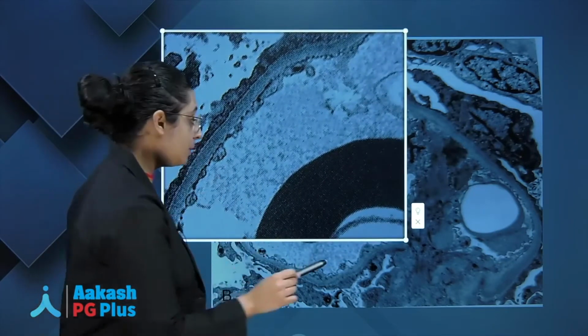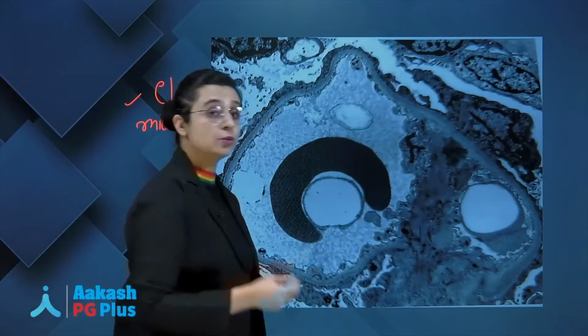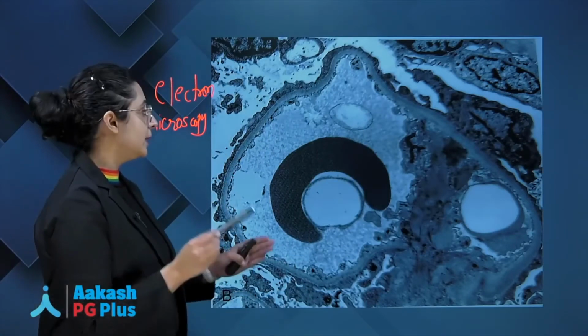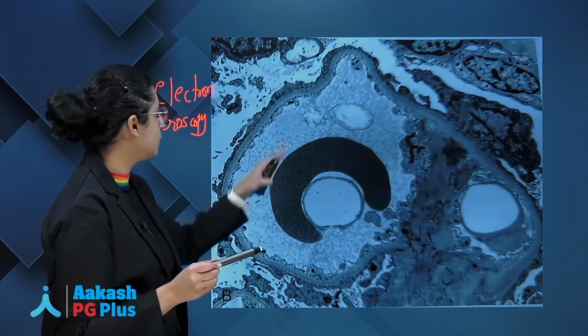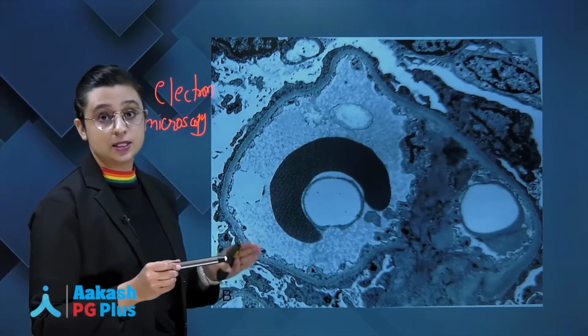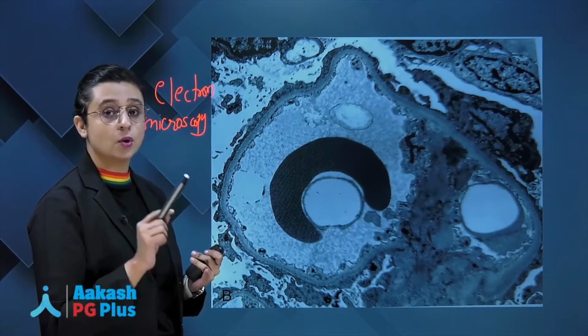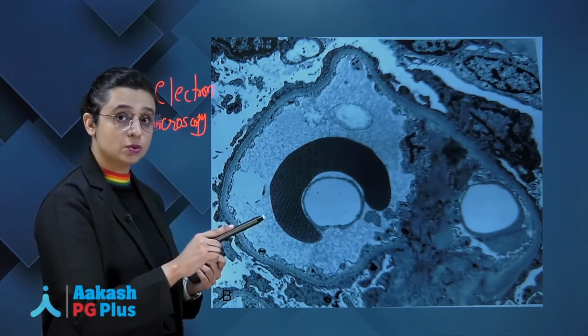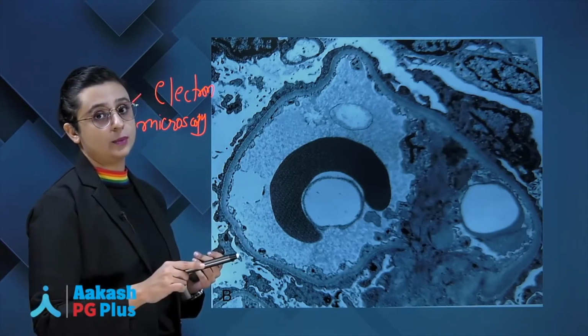Is it seen only in minimal change disease? No, it can also be seen in membranous nephropathy and diabetic nephropathy, but it is the main feature which will help you to identify minimal change disease, because in minimal change disease you all know that there is no important finding in case of light microscopy and no immunofluorescent deposits.